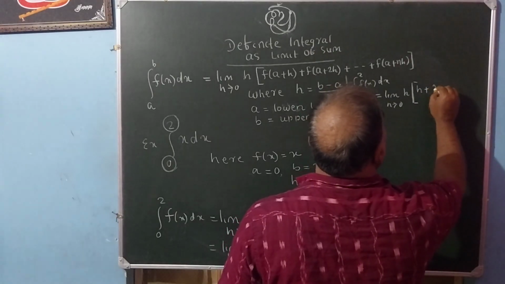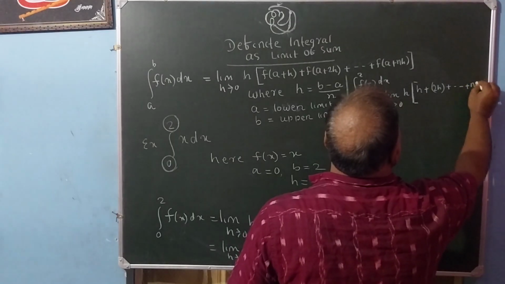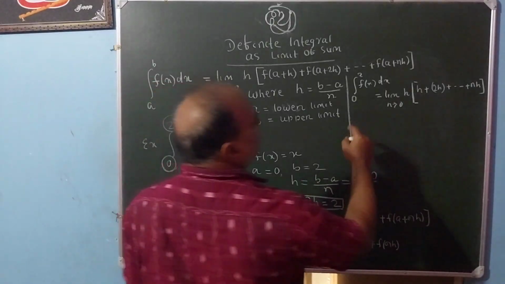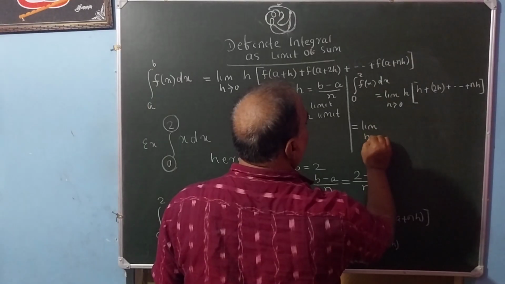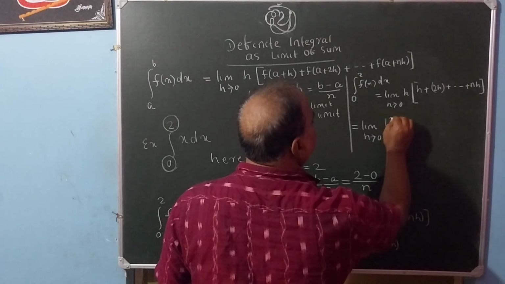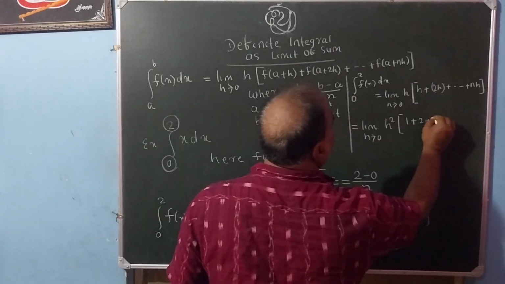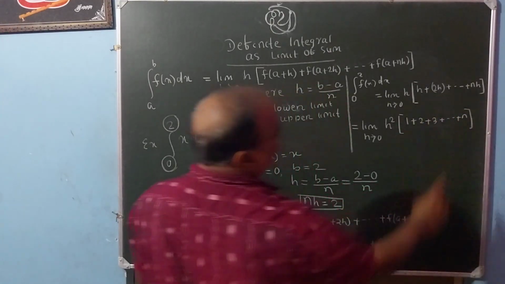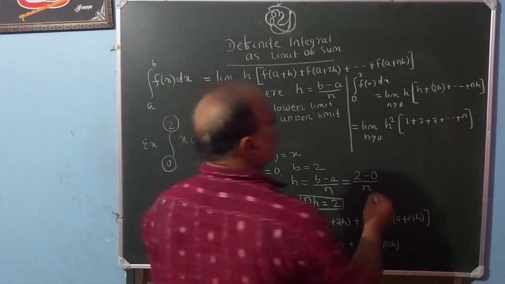Here it is 2h, dot dot dot, here it is nh. Okay, so now taking h common, limit h tends to 0, here it is h square, 1 plus 2 plus 3 dot dot dot n. We know that 1 plus 2 plus 3 dot n is equal to n into (n plus 1) by 2.